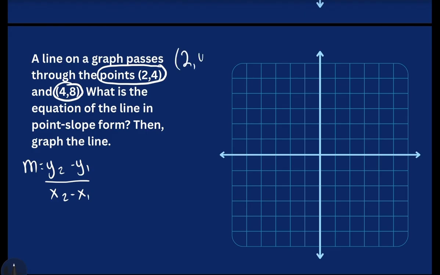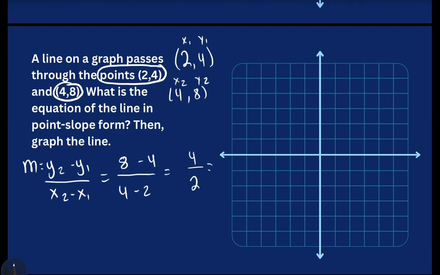So 2, 4 would be our x1 and our y1, and then 4, 8 would be our x2 and our y2. So I'm going to rewrite this as 8 minus 4 over 4 minus 2. 8 minus 4 is 4. 4 minus 2 is 2. 4 divided by 2 is just 2. Therefore, my slope is 2.